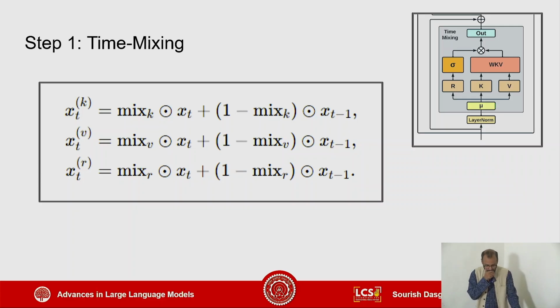So what it does is that it says, okay, let's look at the word that is coming in right now. Let's say John loves Mary. So let's look at Mary right now, and let's say that xt is Mary, right? Which means xt minus 1 will be loves.